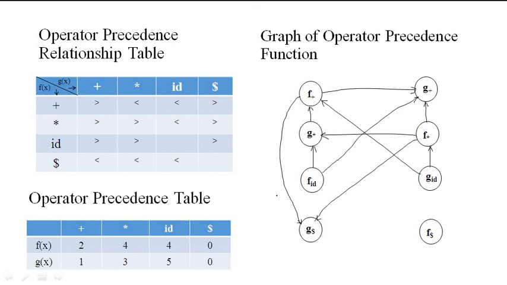F ID to G dollar: F ID is the highest precedence, so it's outward. Next, F dollar to G plus. G plus is the highest precedence. Next, F dollar to G star.